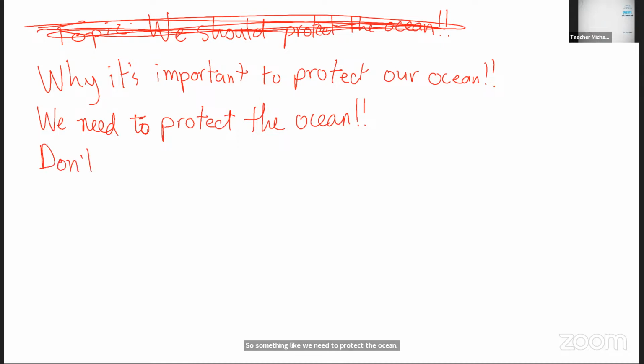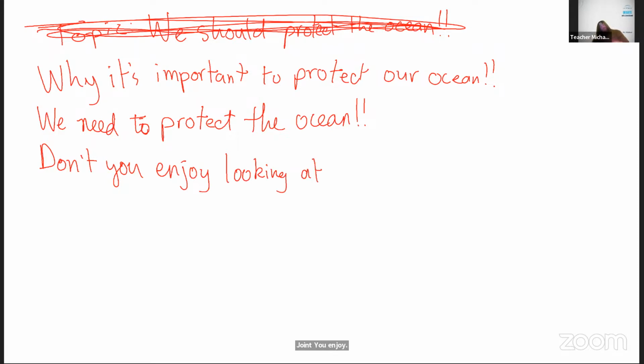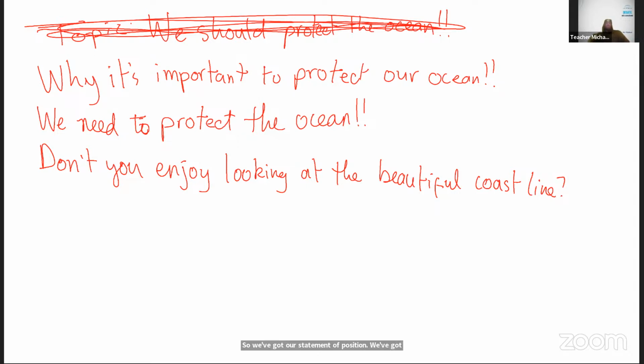Don't you enjoy looking at the beautiful coastline? So we've got our statement of position. We've got a rhetorical question. We need to protect the ocean. Don't you enjoy looking at the beautiful coastline?